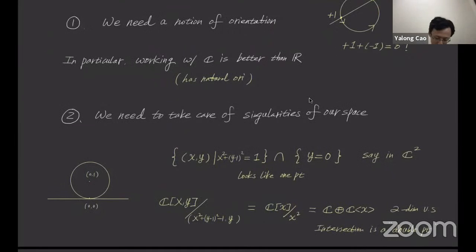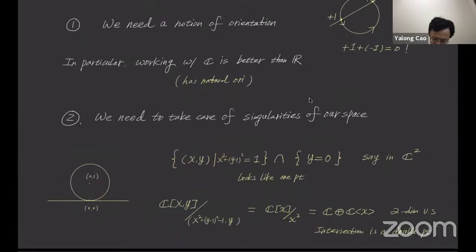Let me first fix the relative position. Let's say this is the point (0,0), this is the point (0,1), and the radius of this circle is 1. Then the intersection of these two geometric objects is the intersection of this circle and this line, let's say for simplicity in C2, not in R2.